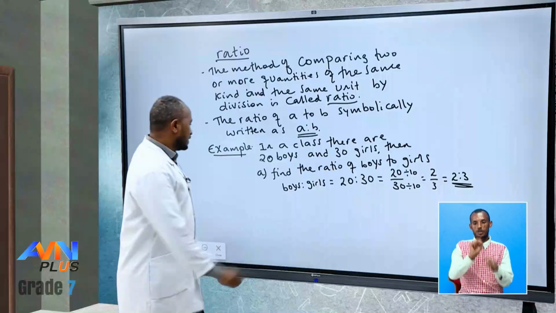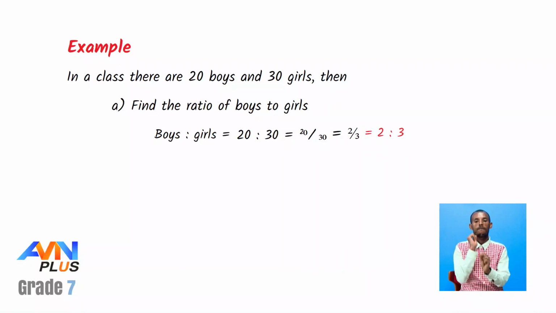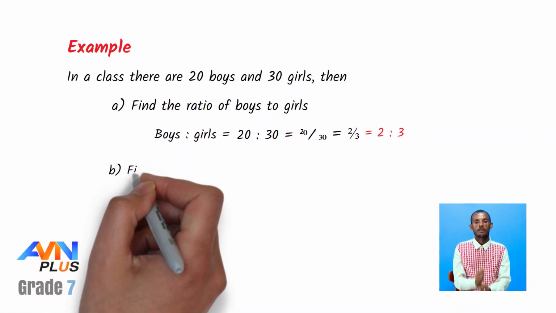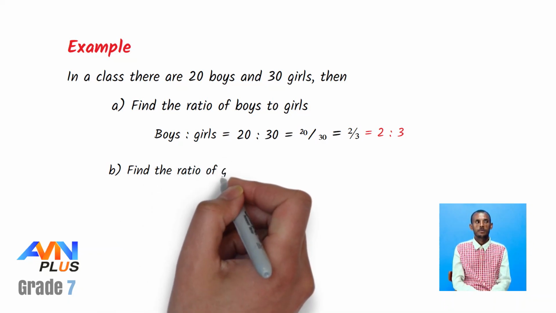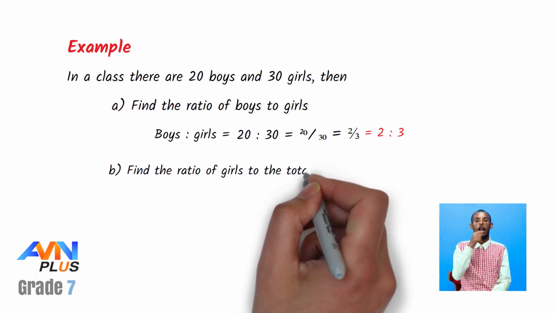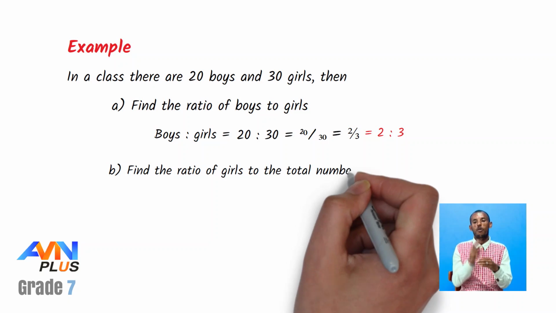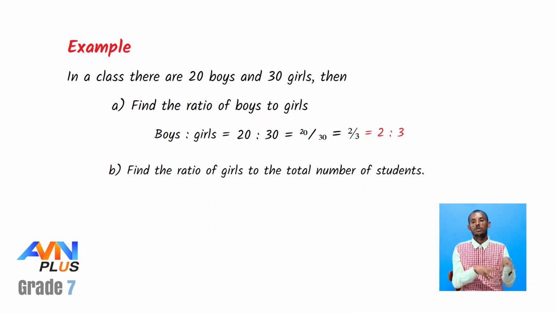So students, please try this one. B: find the ratio of girls to the total number of students.